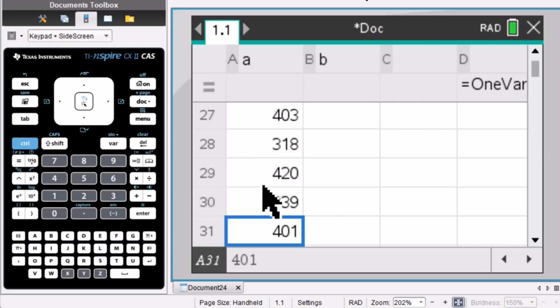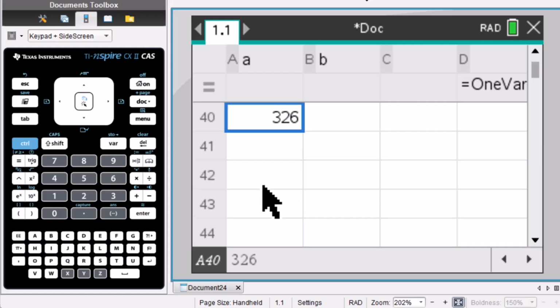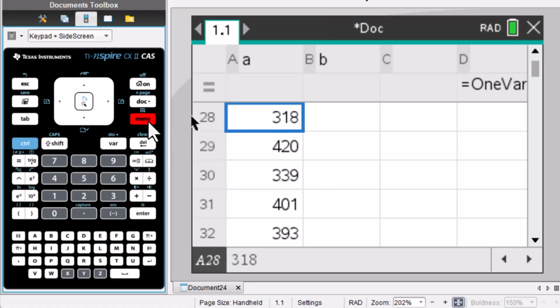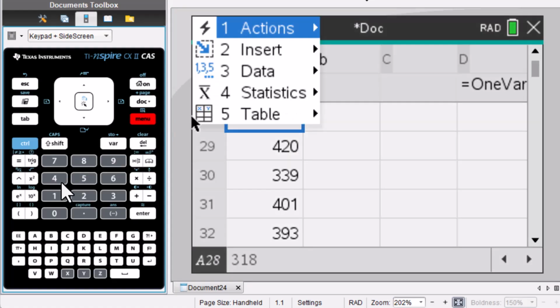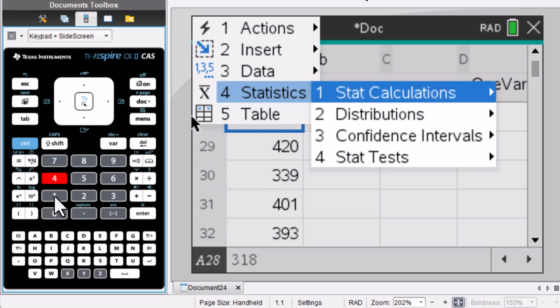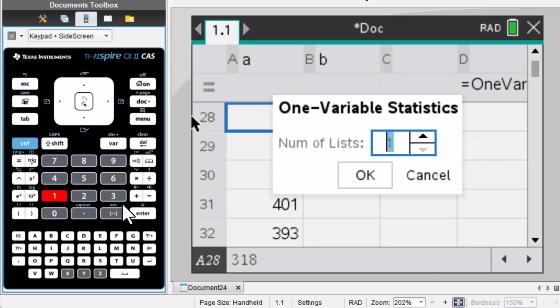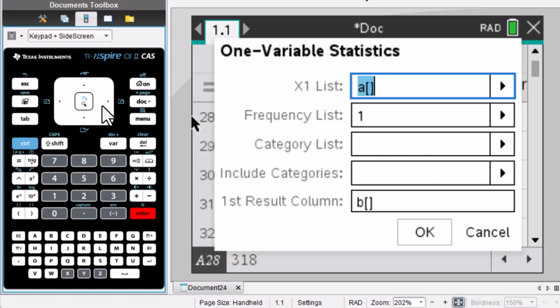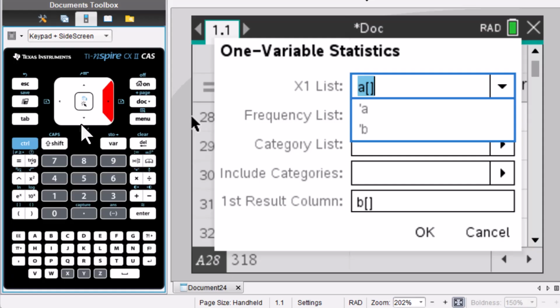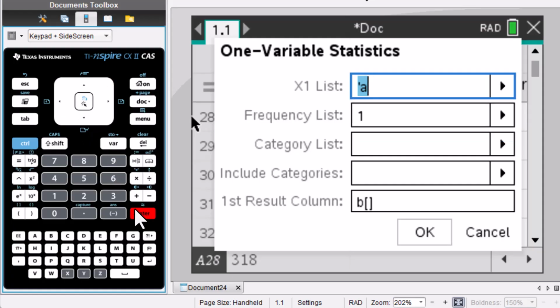I put the 40 data in this calculator. Then go to menu, go to 4, go to 1, go to 1, enter. X1 list is A. No frequency list.